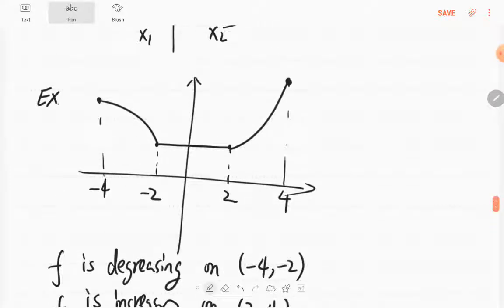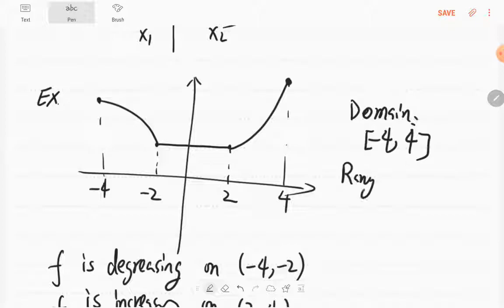So what is the domain for this example? The domain is all the x values we can plug in. So it's actually from negative 4 to 4. Range from this graph is the corresponding y values.